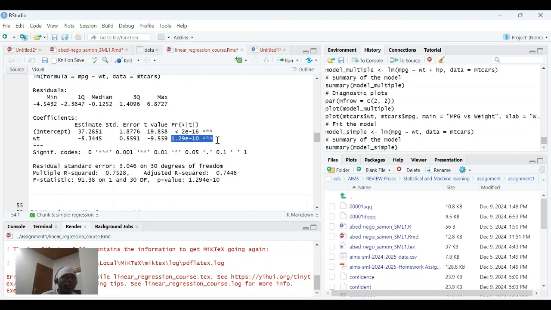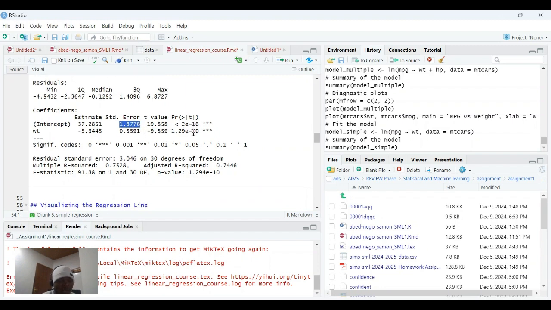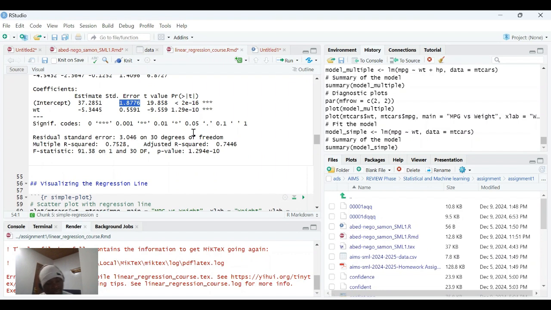We can explain where this p-value is coming from, and the t-value also. Then we have the standard error. These things all have their interpretations. But let's keep it like we said, just a quick introduction to linear regression. Coming here, we are interested in seeing if this coefficient of weight is really significant.